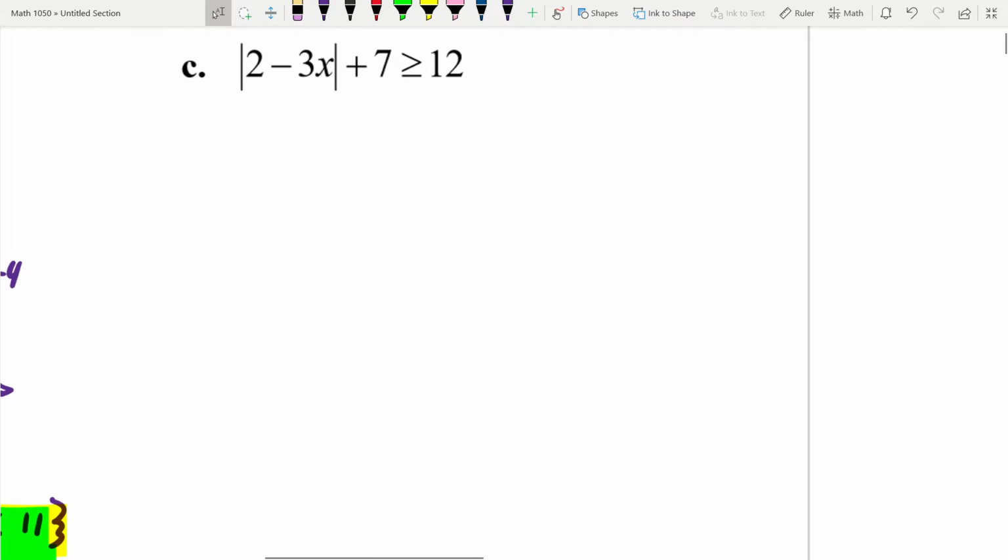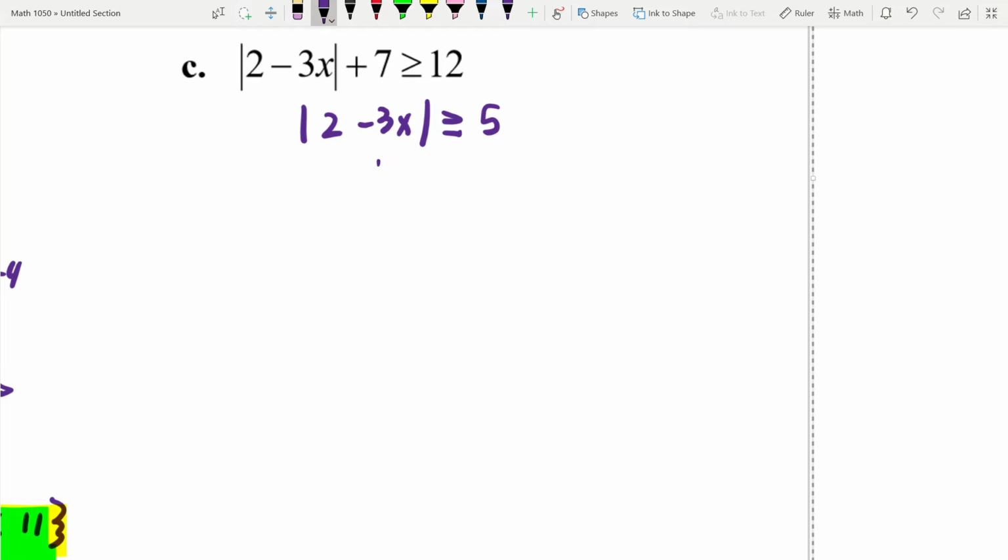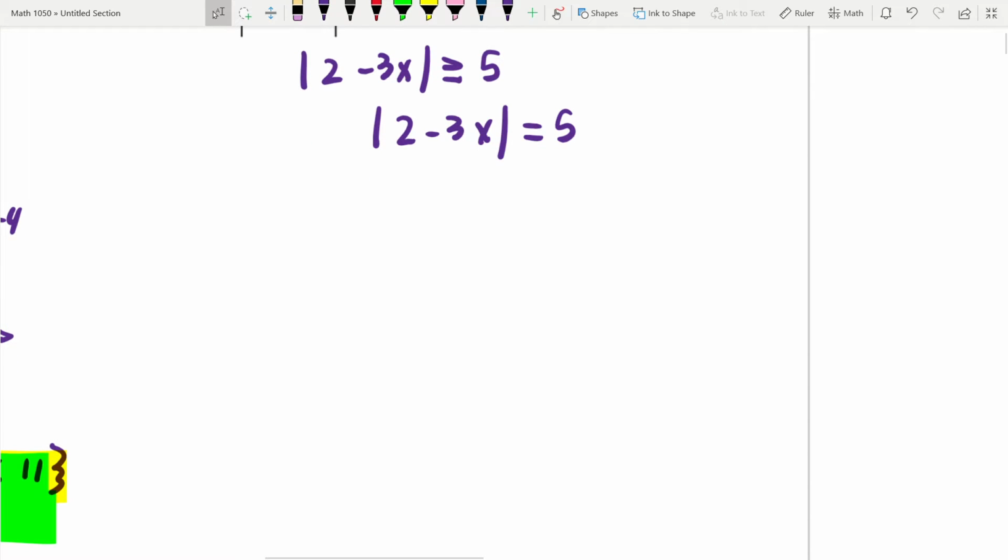Okay, all right, question C. Step number 1, get it alone. Move your 7 over. So the absolute value of 2 minus 3x is greater than or equal to 12 minus 7, which is 5. Step number 2, make it an equal sign. So 2 minus 3x equals 5. Okay, split it into 2. So 2 minus 3x equals 5, or 2 minus 3x equals negative 5.